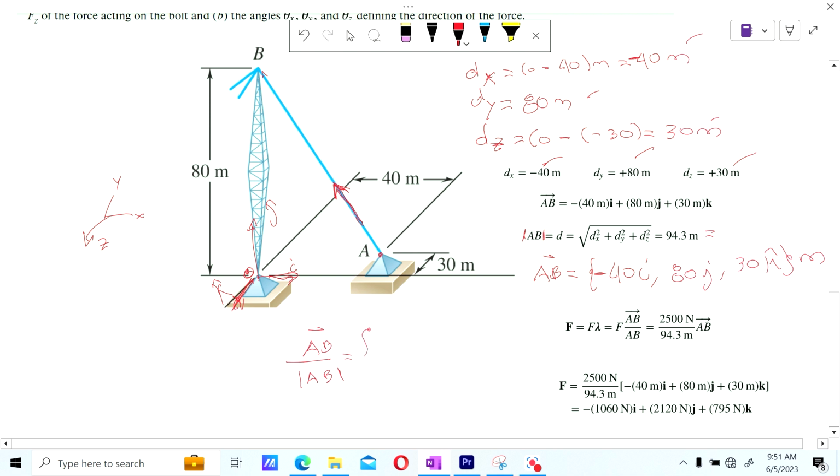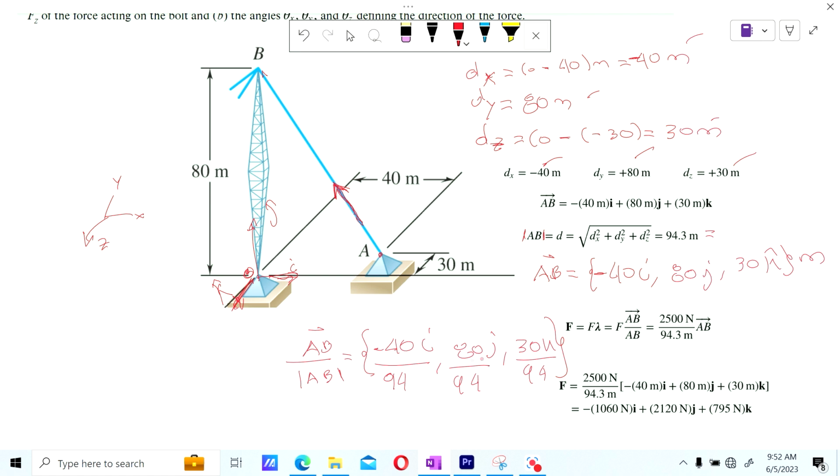So that means that we have negative 40 divided by 94, comma, 80j divided by 94, comma, 30k divided by 94.